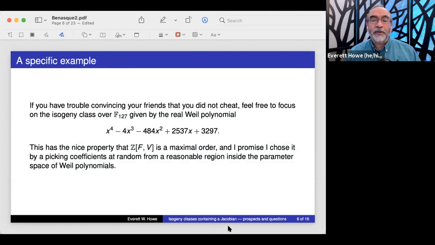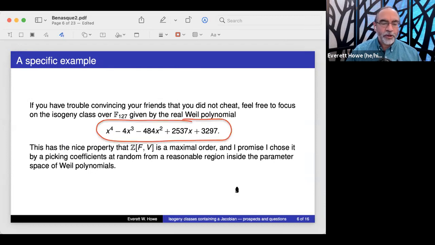But if you're having trouble convincing your friends that you didn't cheat, then here is an example that you can take. Here is a real Weil polynomial, oops, here's the problem with drawing with your mouse. Your coffee cup gets in the way. So there's a real Weil polynomial over the field with 127 elements. It has the nice property that the ring generated by Frobenius and Verschiebung is the maximal order, which can only help you, I think.